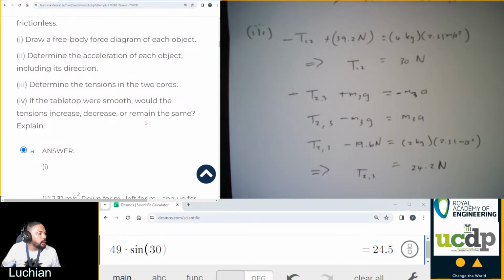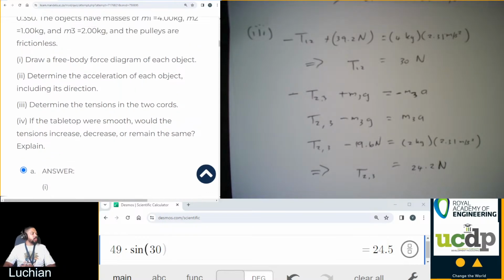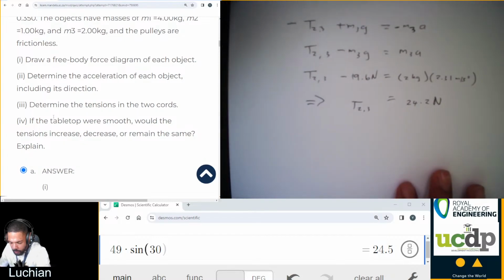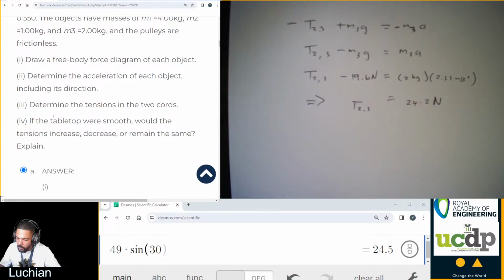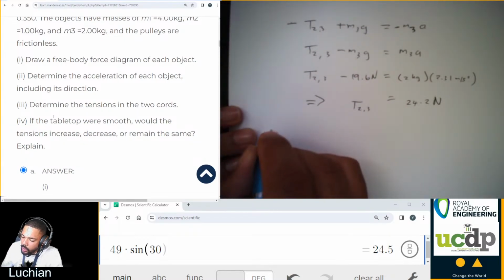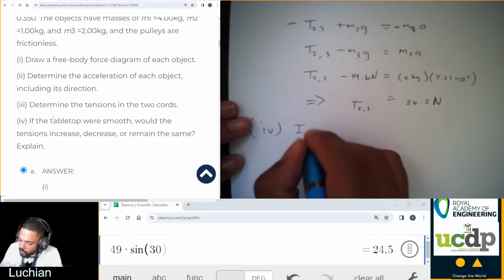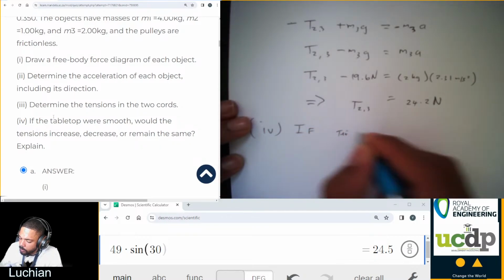Now they're asking us, if the tabletop was smooth, would the tensions increase, decrease, or remain the same?